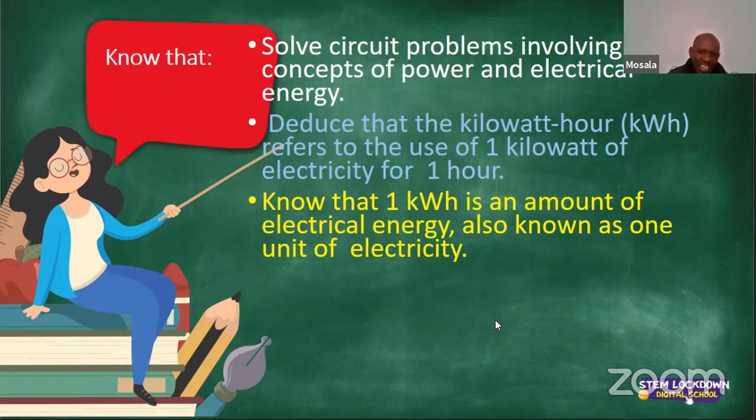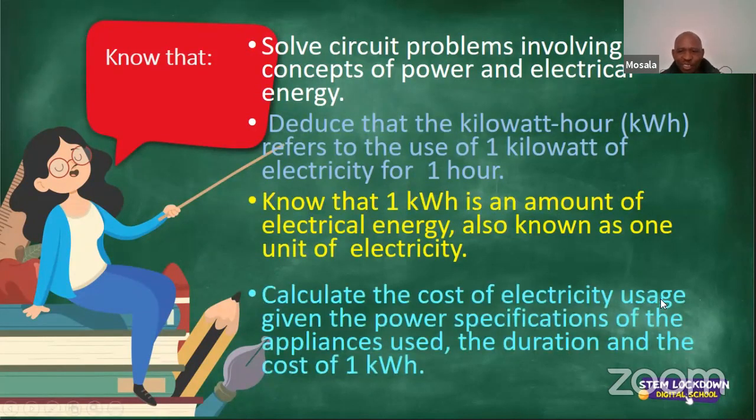Normally, when you buy electricity, when you have bought, let's say, 100 units, it means you have bought 100 kilowatt hours. And then you have to calculate the cost of electricity usage given the power specification of the appliance, the duration, and the cost of a unit of electricity.